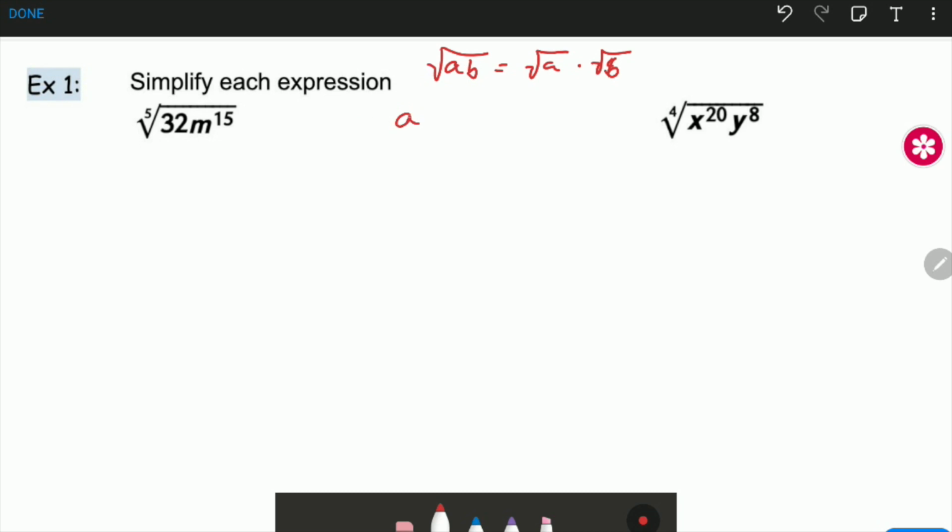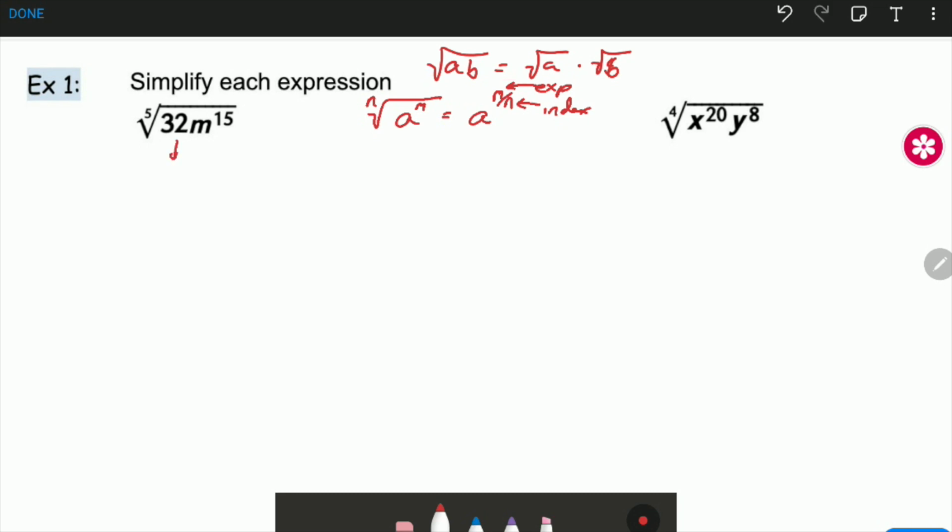So if it was the nth root of a to the m, we would rewrite that as a to the m over n, with the exponent on top and the index on the bottom. So is our exponent basically divisible by our index, or is 15 divisible by 5? Yes, it is. So it is a perfect fifth power.